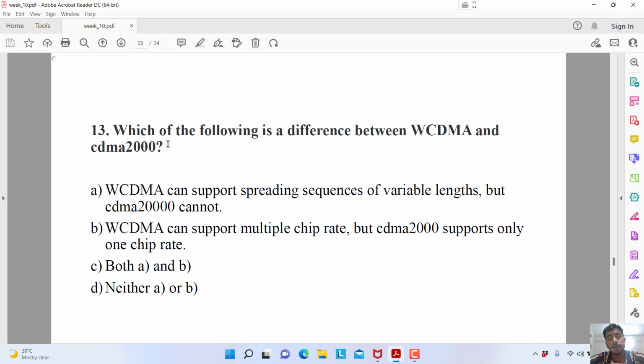WCDMA can support spreading sequences of variable length, but CDMA 2000 cannot. WCDMA can support multiple chip rates, but CDMA 2000 supports only one chip rate. C is both A and B. D is neither A nor B.